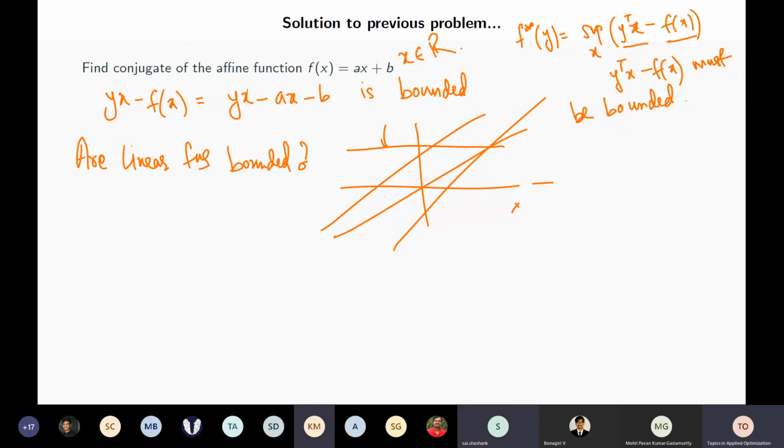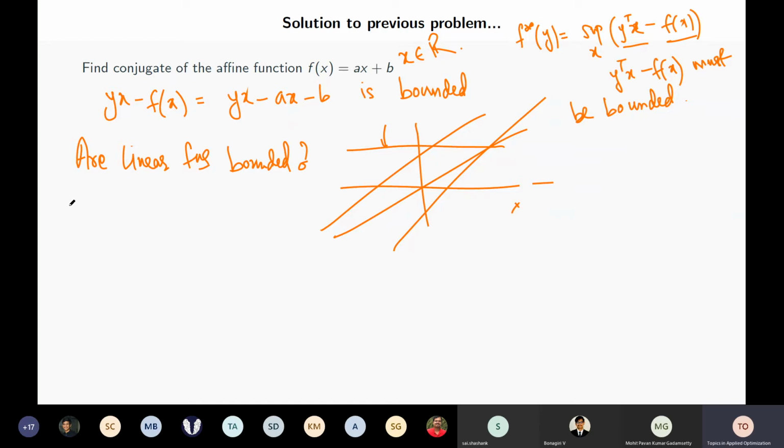Y equal to a? Multiples of a? Not exactly. It can be some multiple of a also, right? But x will make it unbounded. Yes, so it has to be y equal to a only.